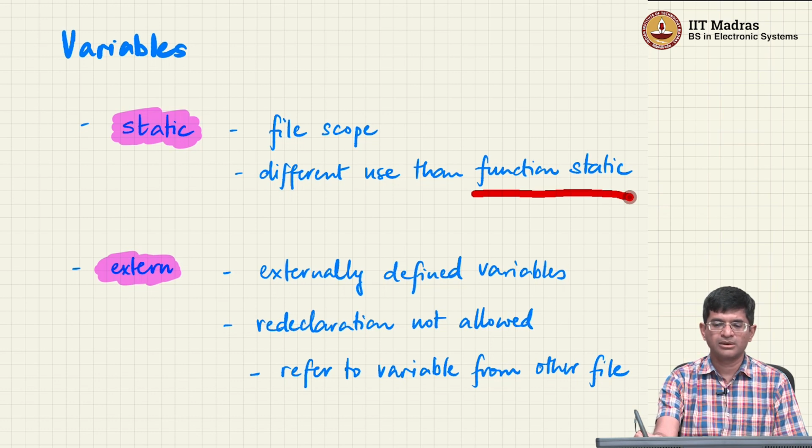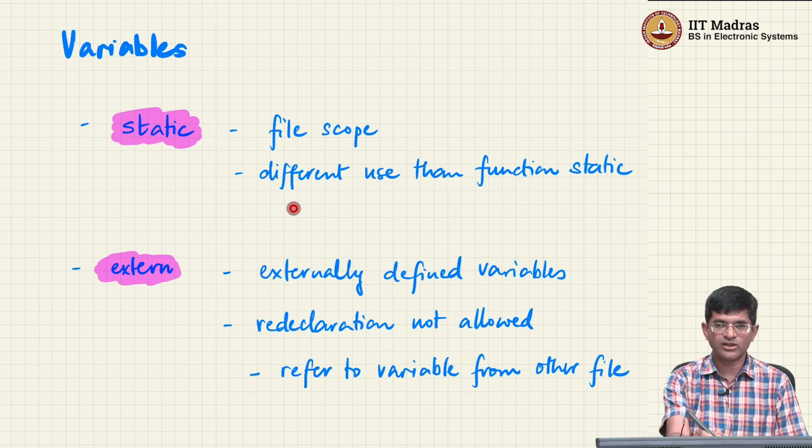That is used to survive across multiple calls to a given function, for example. The static in the context of multifile programs, on the other hand, has a very different meaning. It basically says that some particular variable is visible only inside a given file.